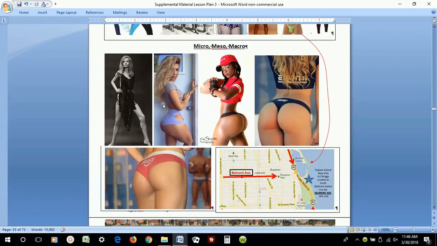So this would be a micro here. This would be more macro, big, and these would be more meso, right? And I would ask my male students in my classes, what are you guys? You guys micro guys? You guys macro guys? Or you guys meso guys? And I'm kind of a meso guy, right? I kind of like meso female tushes, right? And I swear most of the young men in my classes are all macro guys. They like big butts, right? So that's more modern, I guess.